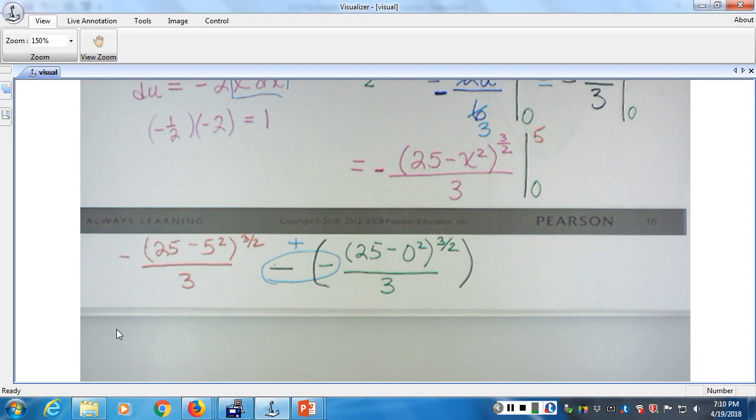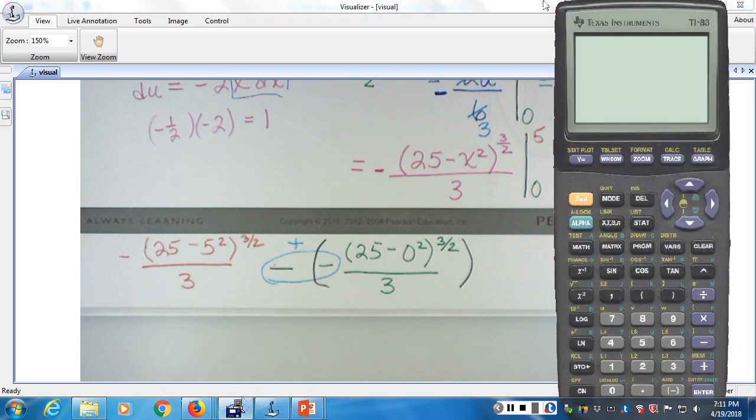So once again, we're going to use the calculator. Make sure we don't mess up any arithmetic, because I've already done enough of that for a lifetime today. So negative parentheses 25 minus 5 squared raised to the power 3 divided by 2, and then divided by 3, I'm still going to get 0.